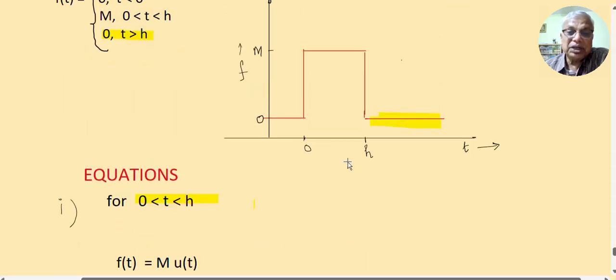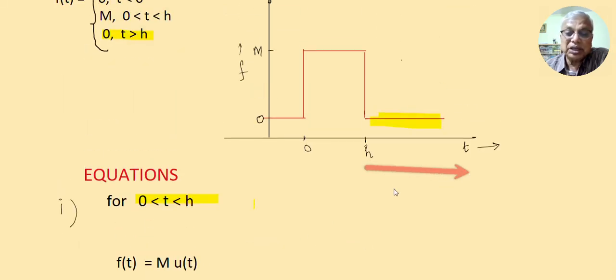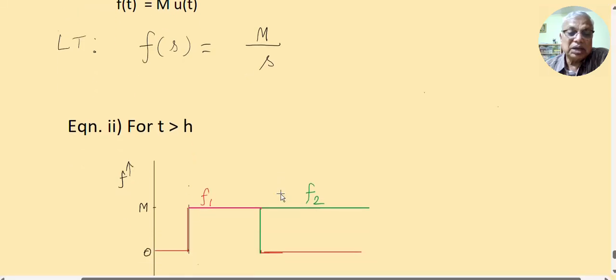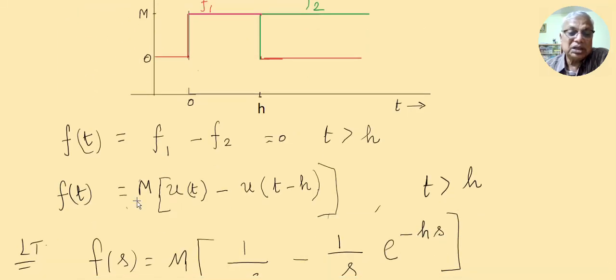For the period t greater than h, it will be given by the difference of two functions, namely u of t and u of t minus h.